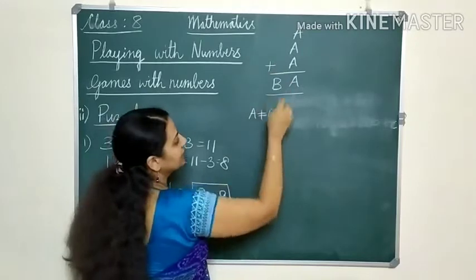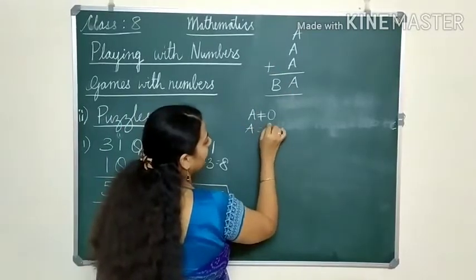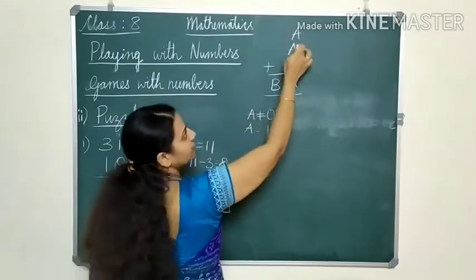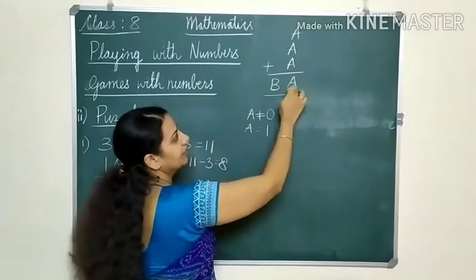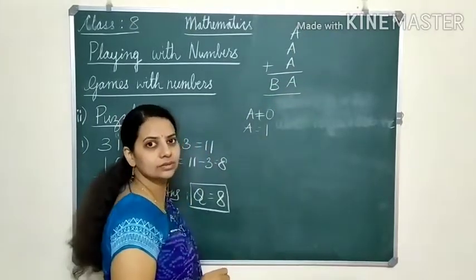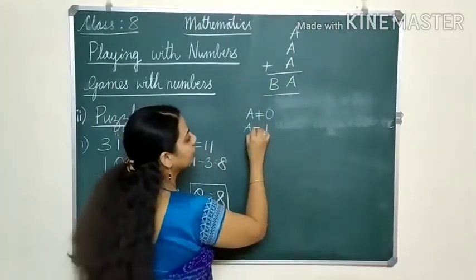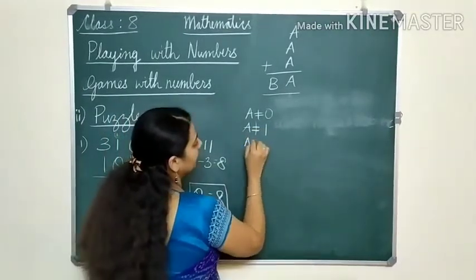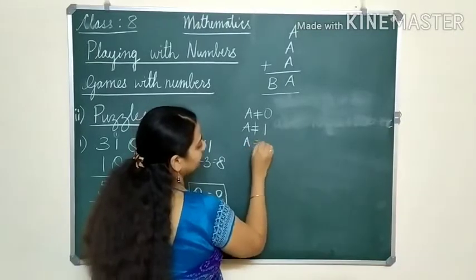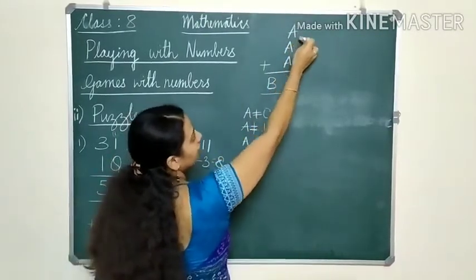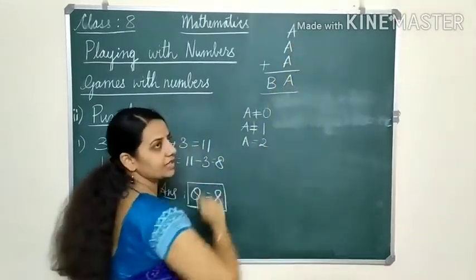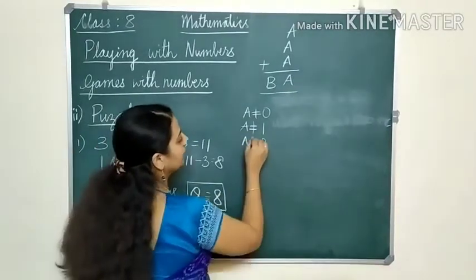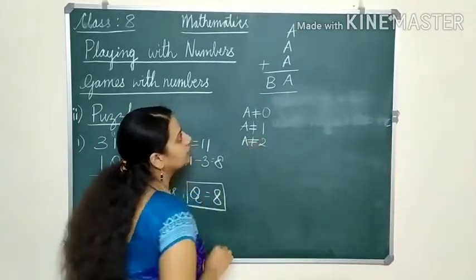So now we'll consider A as 1. Let A be 1. 1 plus 1 plus 1 is 3, but you should get 1 here also. So this is not possible, right? Now let's take A as 2. 2 plus 2 plus 2 is 6. That is also wrong. We cannot consider A as 2.